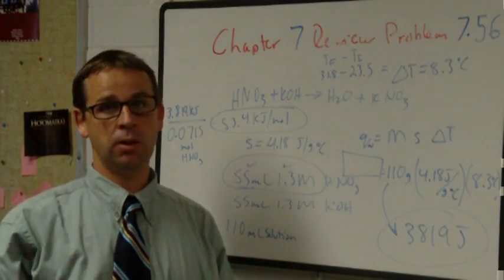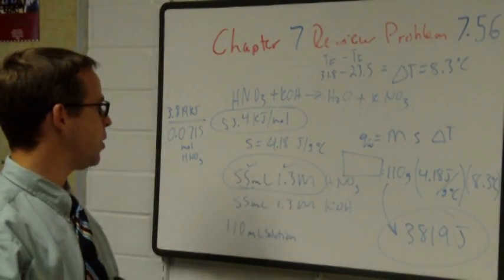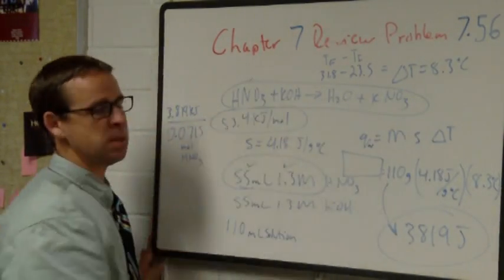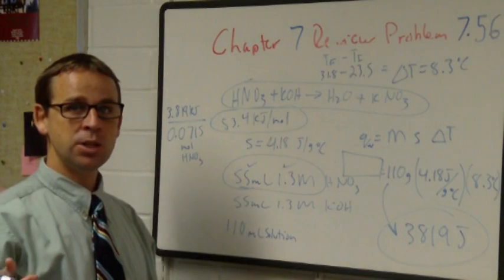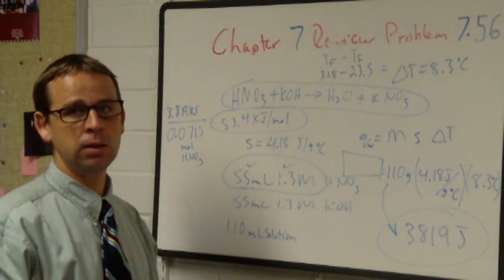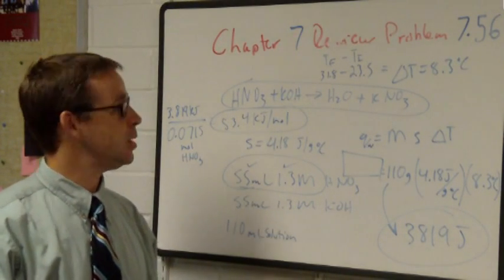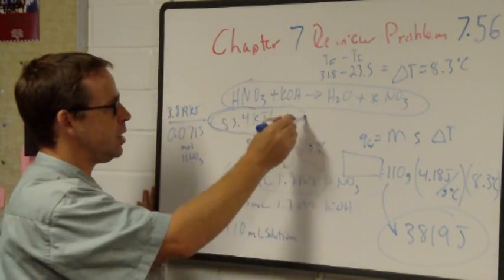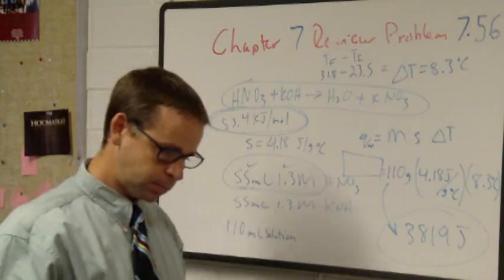It received energy. Well, the interaction between the nitric acid and the potassium hydroxide, that energy was released by the reaction. And this is how many kilojoules were released per mole.